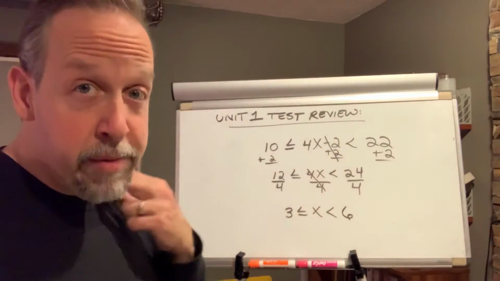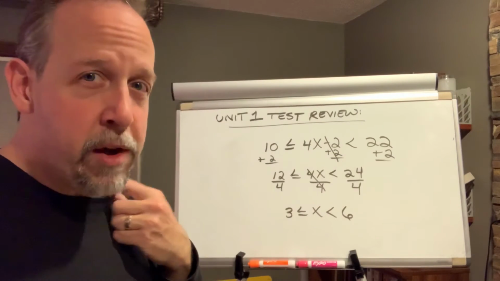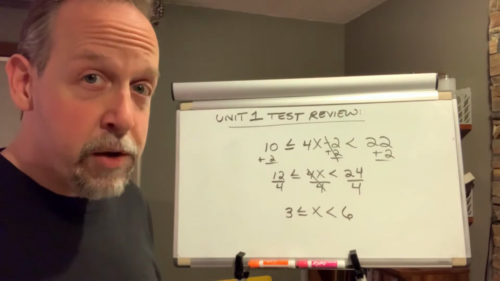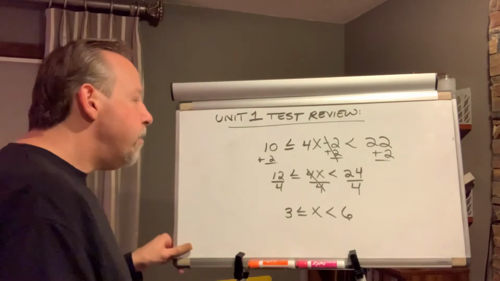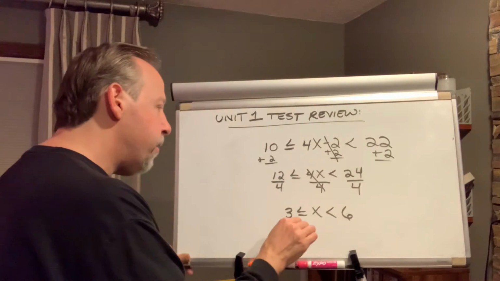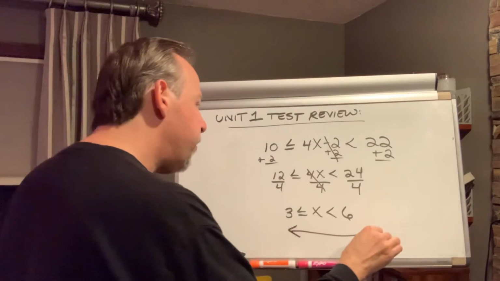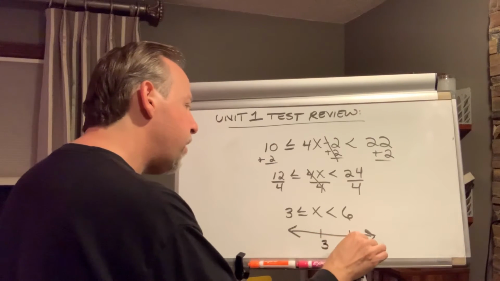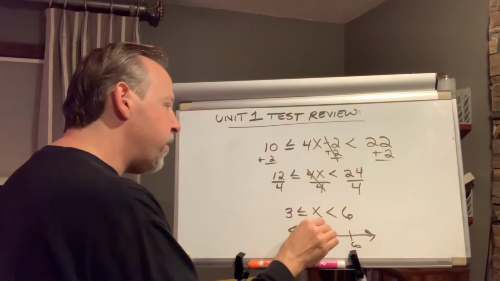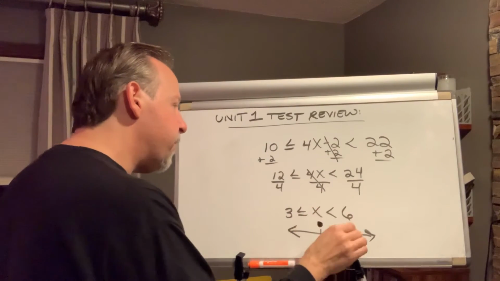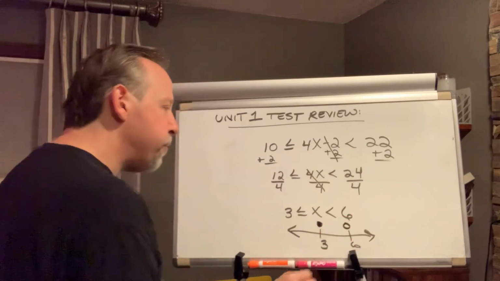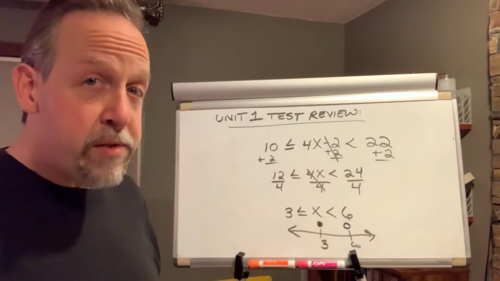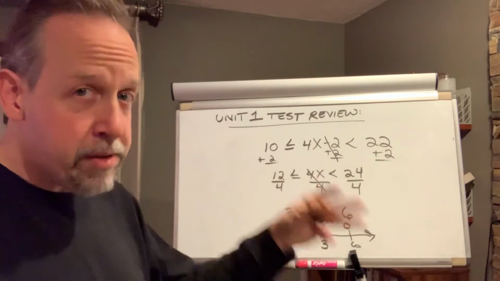We've solved the problem, and then we're going to have to graph the inequality because we're graphing all of our inequality solutions. So I'm going to put it over here. Number line, I have two anchor points. They are 3 and 6. The symbol for 3 was a closed dot, and the symbol for 6 is an open dot. X is in between the two values. It's more than 3, but less than 6.